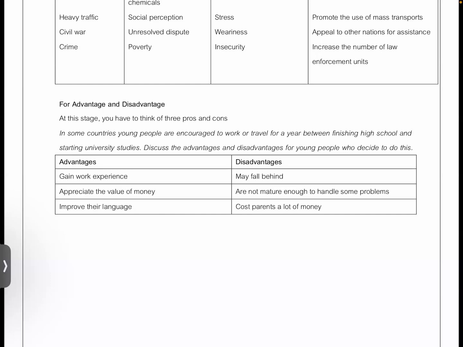Next, it might cost their parents a lot of money. Well, of course, those kids travel abroad to work part-time, but the cost of the investment for them to gain some work experience can be enormous.